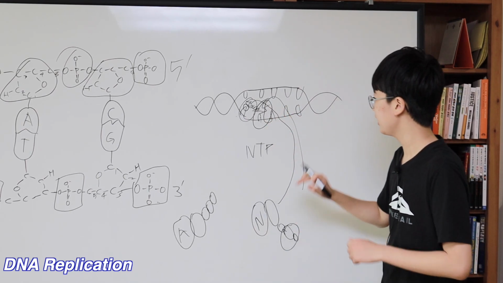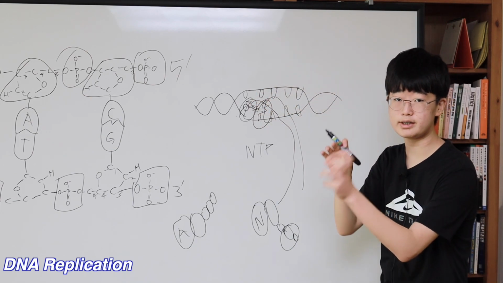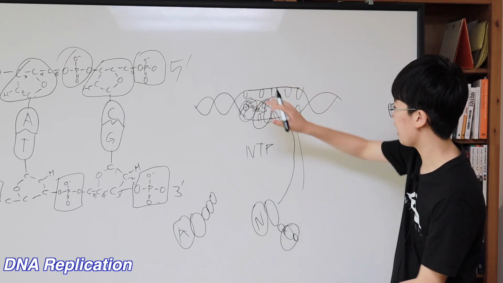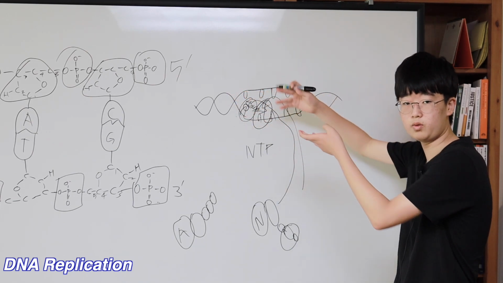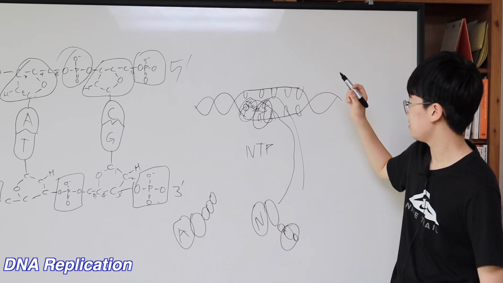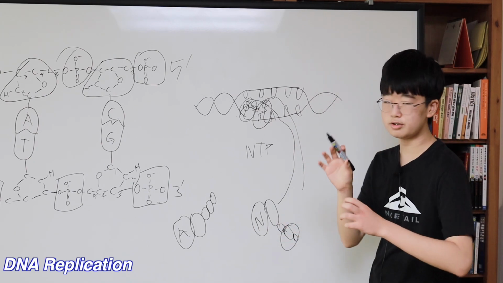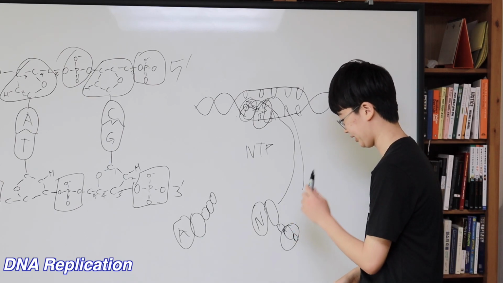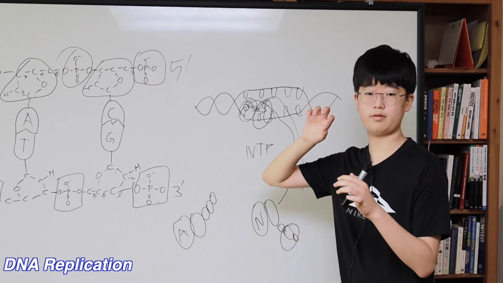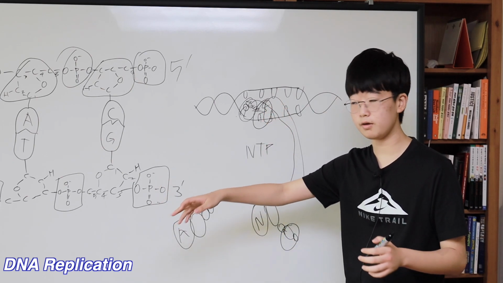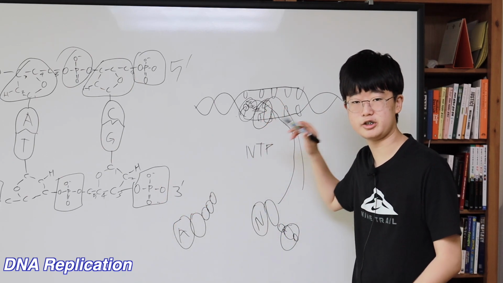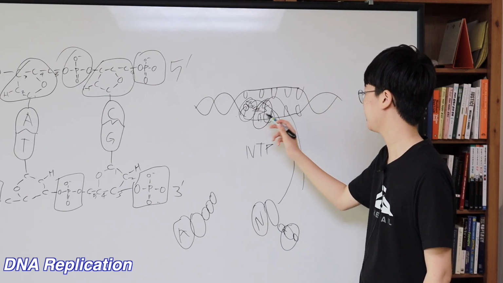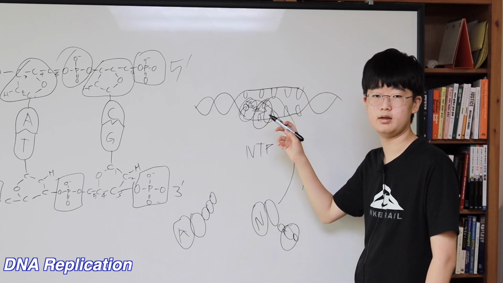So NTP is placed on the already existing nucleotide after the DNA is unwound, and the 2 phosphates from the NTP are going to fall off and give energy to the enzyme, which can now do some more work on the next one.